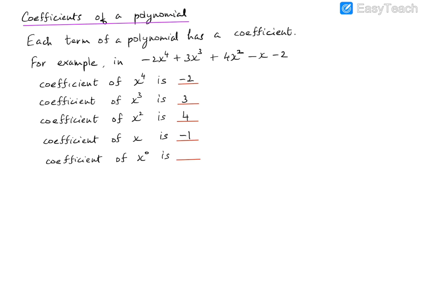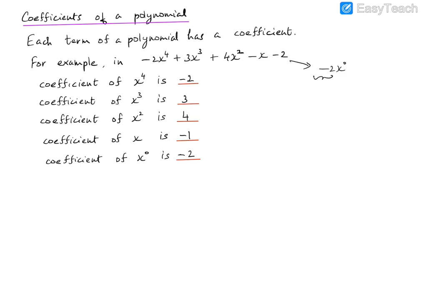So minus 2 we can write as minus 2x power 0. So the coefficient of x power 0 is minus 2. Let's write that down here: coefficient of x power 0 is minus 2.